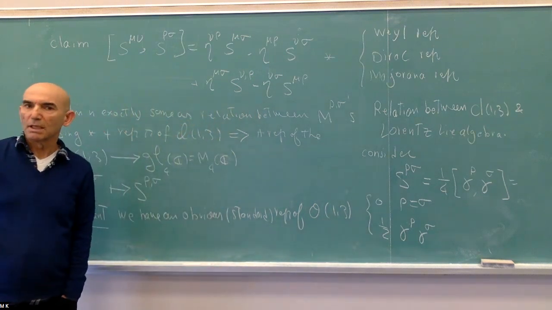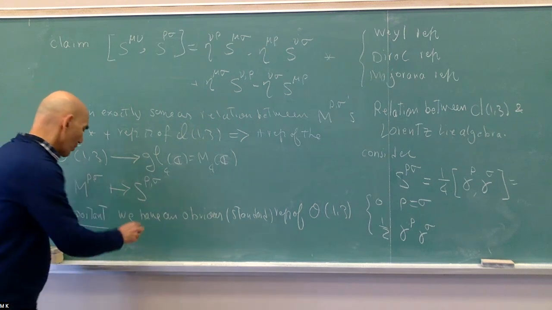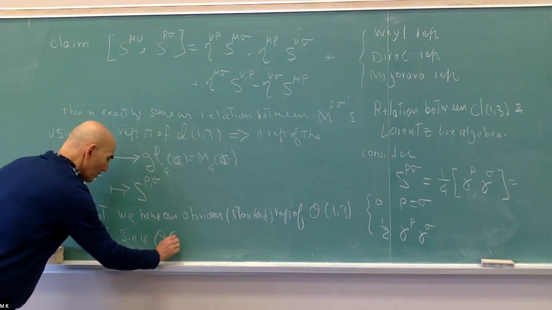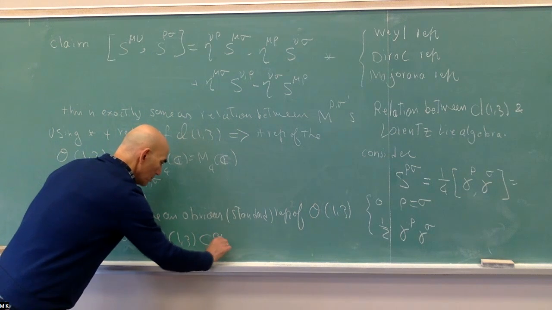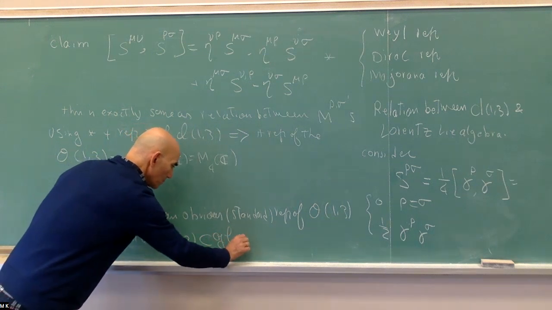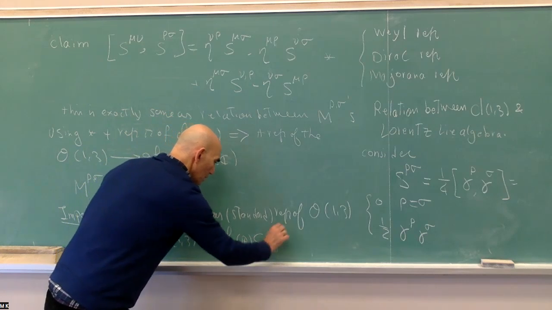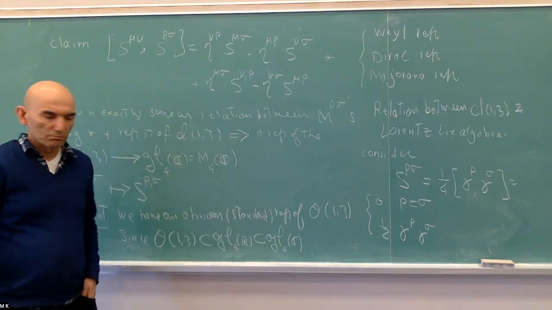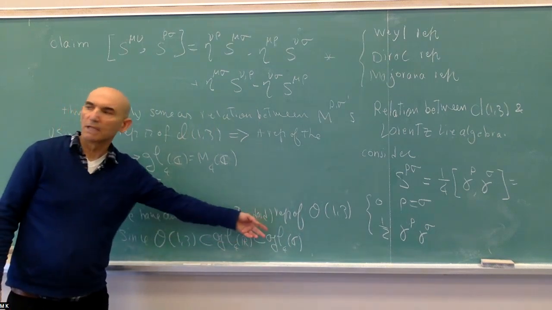Because we know that this Lie algebra o13 is, after all, a sub-Lie algebra of gl4R, and this is inside gl4C.